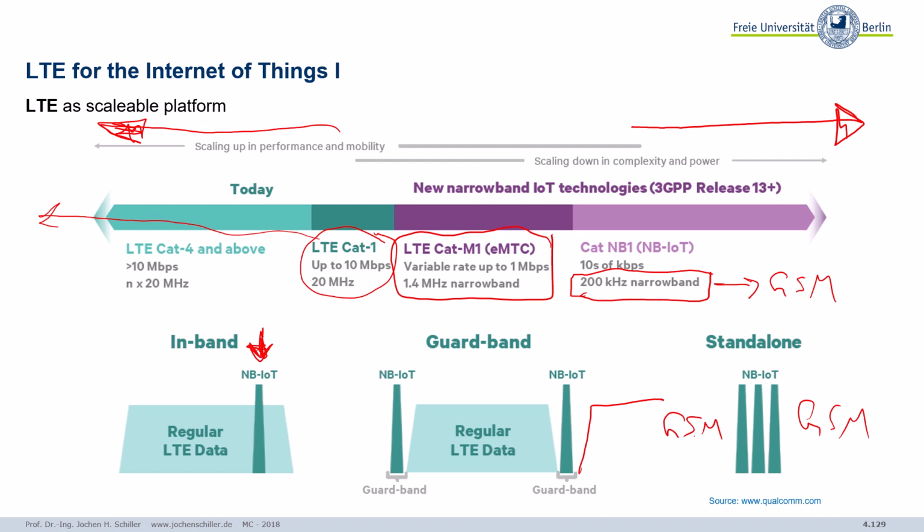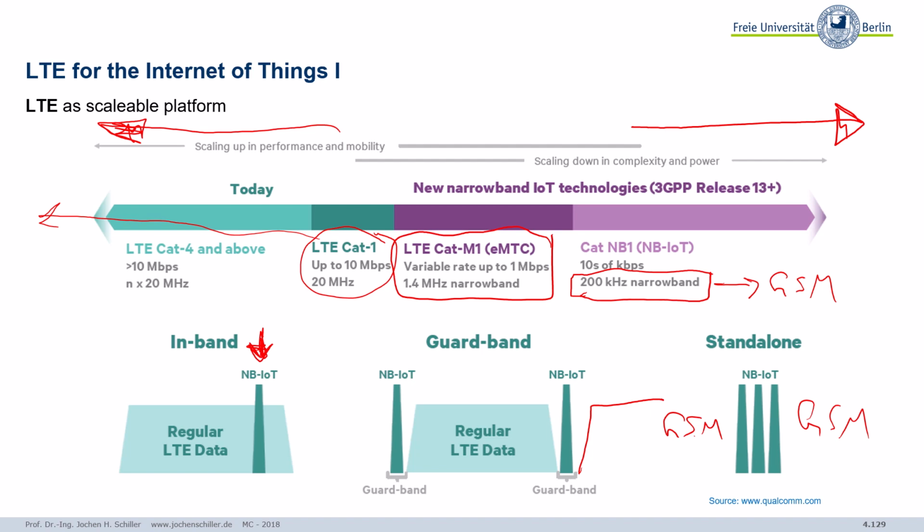So the more and more users go to LTE, the fewer channels we need in our old GSM network, and then maybe we just leave some of the channels for these devices using GSM. Some other devices already use narrowband IoT. So you see, again, a smooth transition path from the old to the new technology. So LTE does not only mean higher data rates, but also way lower data rates and narrowband technology.